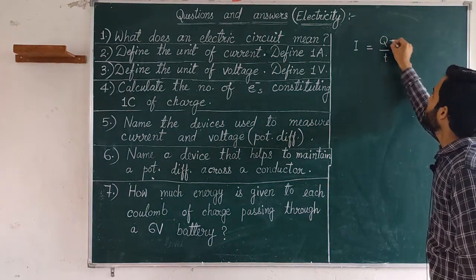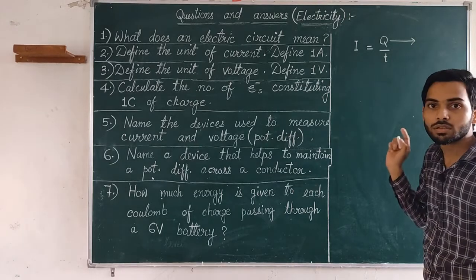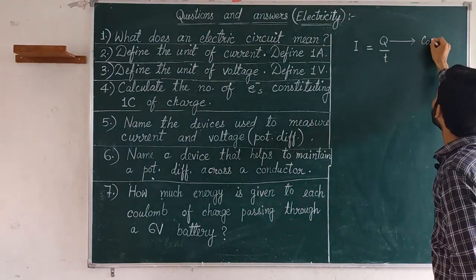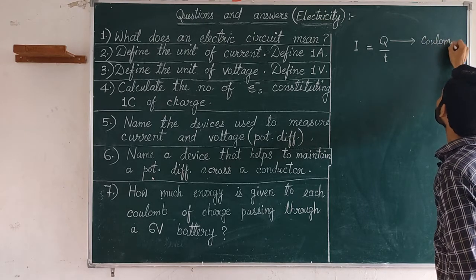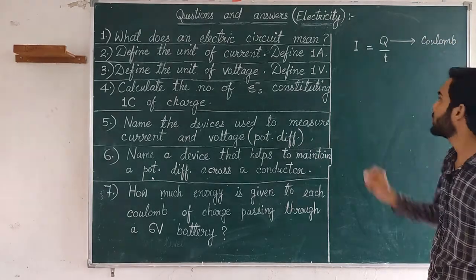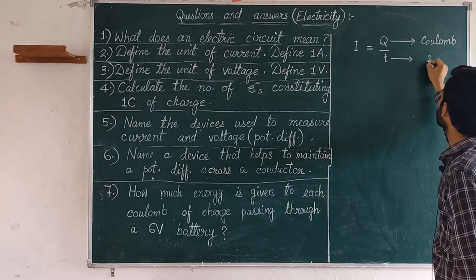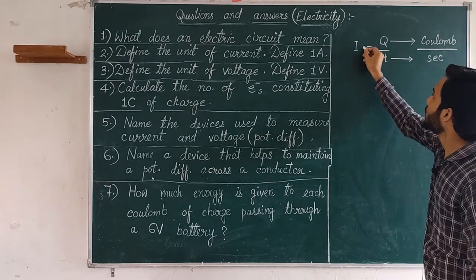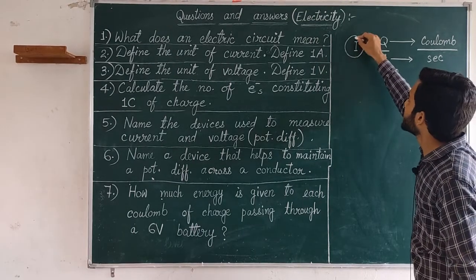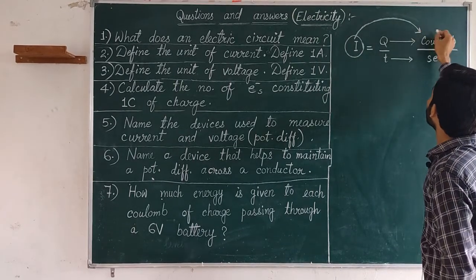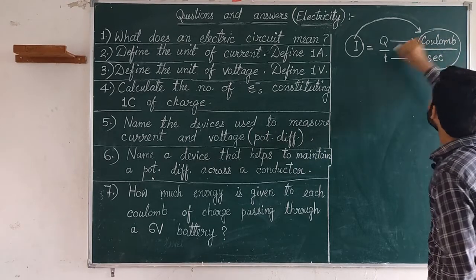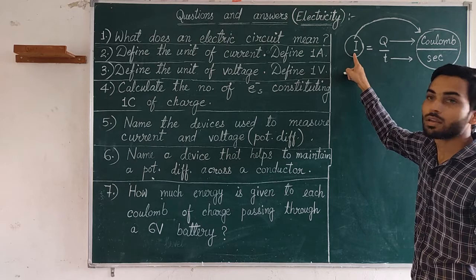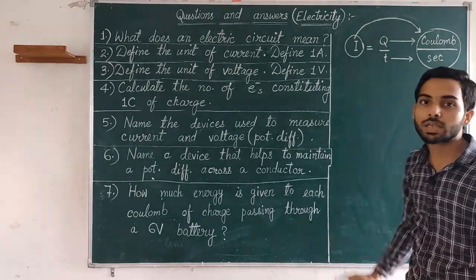What is the unit of Q? That is electric charge. The unit of electric charge is coulomb. And the unit of time is second. It means that the unit of electric current is given by coulomb per second.